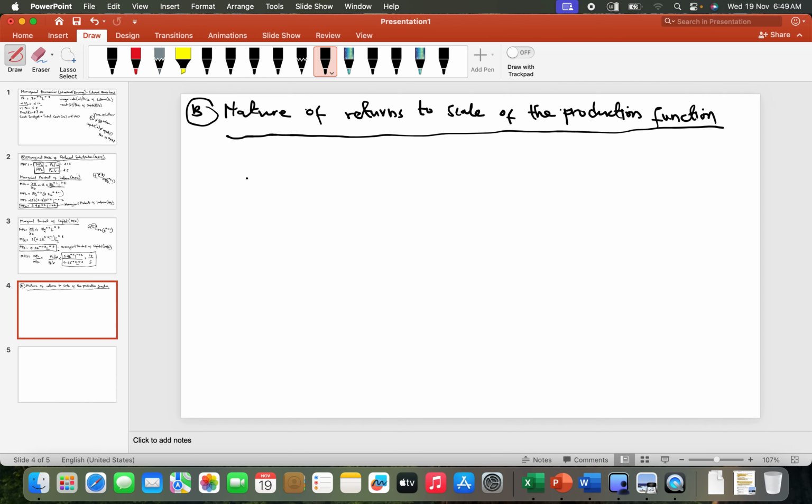Now, with the nature of returns to scale of the production function, we derive this concept from what we call the Cobb-Douglas function.